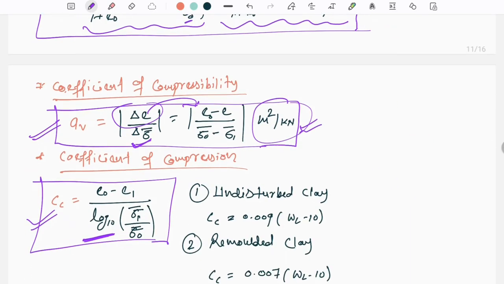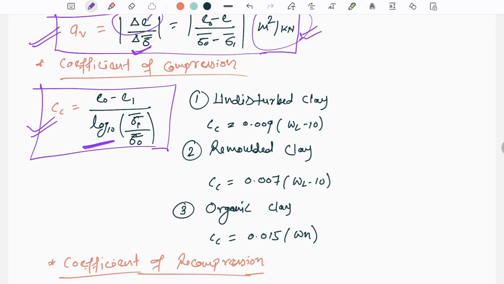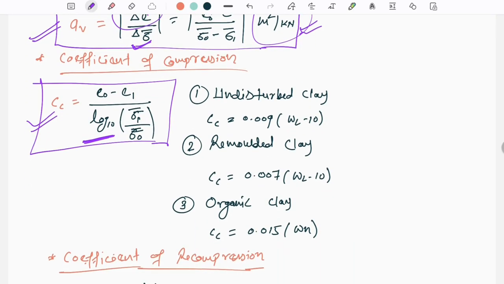There are many empirical relations to find this Cc, the coefficient of compression. Cc is equal to, when WL is given, the liquid limit. When the liquid limit is given, at that time Cc is equal to 0.009 into (WL minus 10).